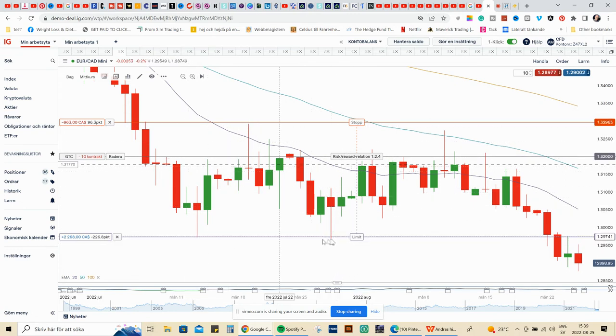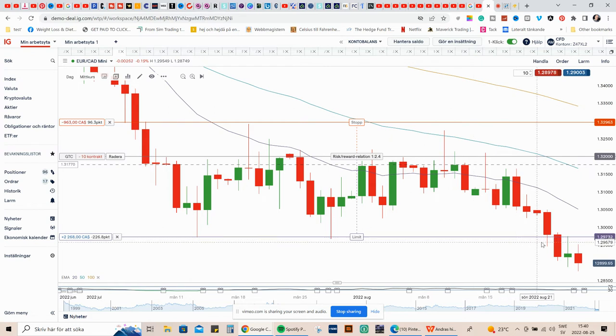So this is an important horizontal level to count with, about 1.297. So I thought that 2.4 in ratio was a good choice because it also reaches and touches these two wicks on the downside here, where the buyers want to step in.